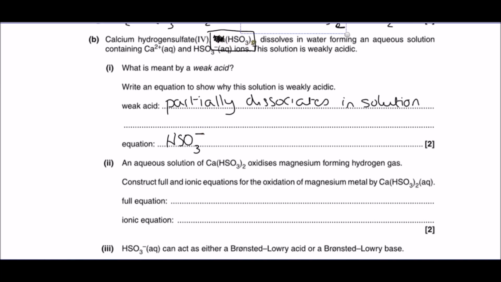There's 2 HSO3s, so each one must be -1. It's a dissociation equation, so we have to have reversible arrows. Okay, you won't get that second mark if you put a normal arrow in here. If it's dissociating, it's going to lose a proton, so there's the H+. And we're going to have SO3 2-, and there are 2 marks.